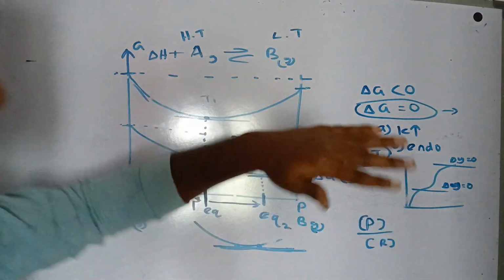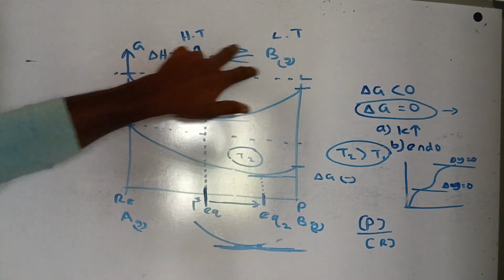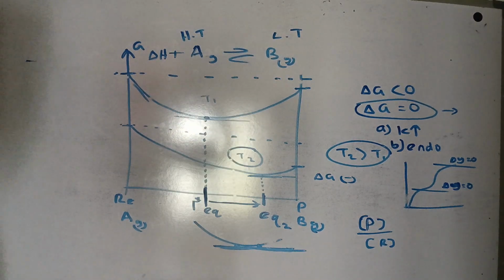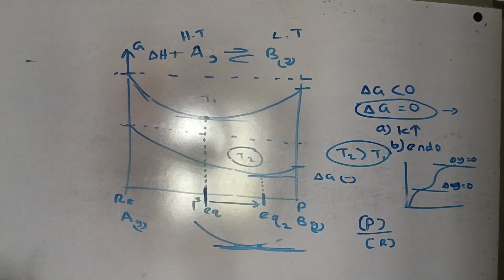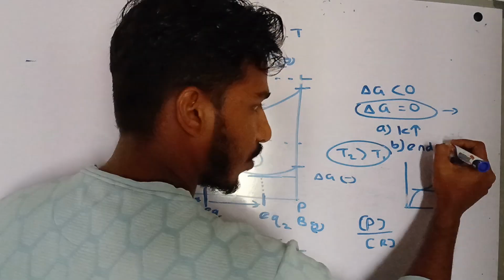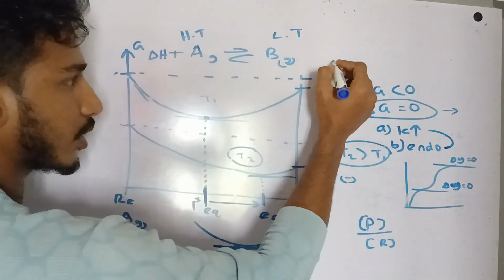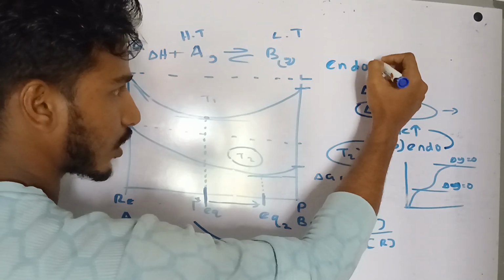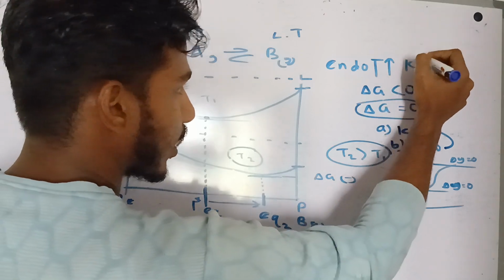So even without a graph, we can have a question. They might say, this is a situation where A gas is in equilibrium with B gas. The forward reaction is an endothermic reaction. If the temperature is increased, what will happen to the equilibrium constant? So just remember, if it is an endothermic reaction and when you increase the temperature, my equilibrium constant will anyways increase.